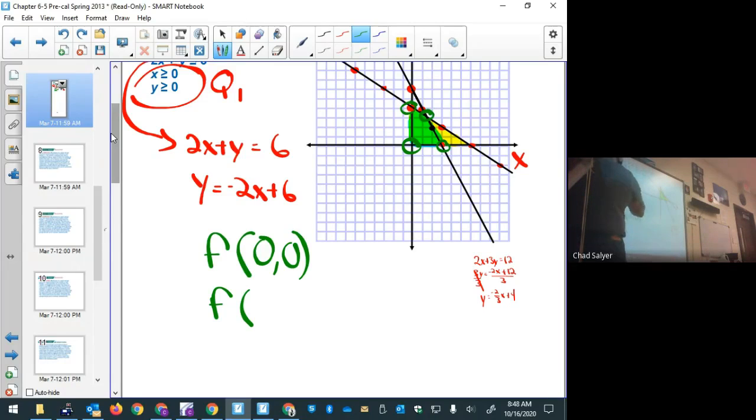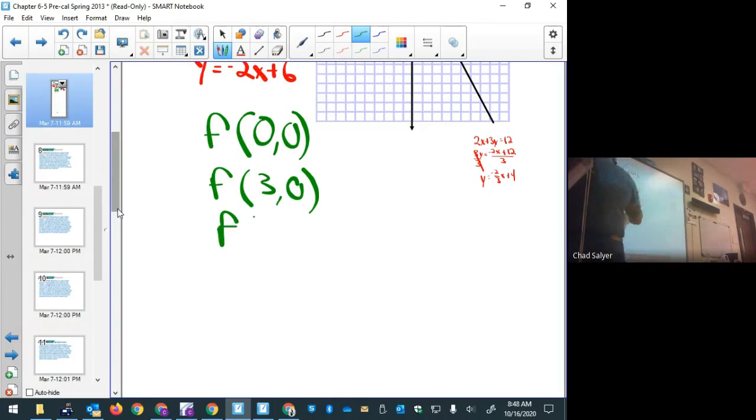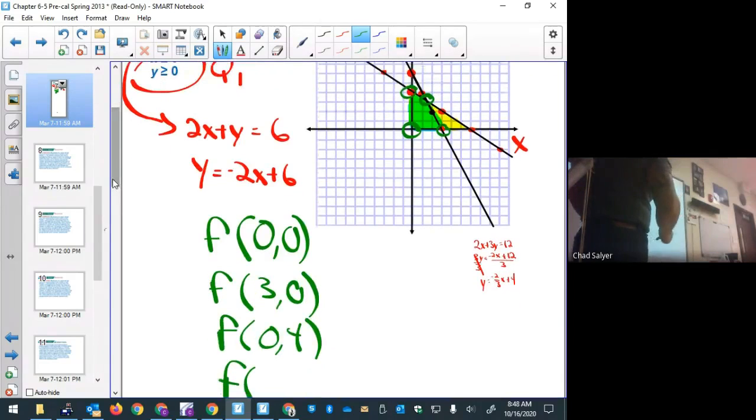Yeah, 2 times 3 plus 0 is 6. So there's another one. And then I've got this one, which is 0, 4. And then finally, we might have to do a little algebra here. We want to know where this intersection occurs.